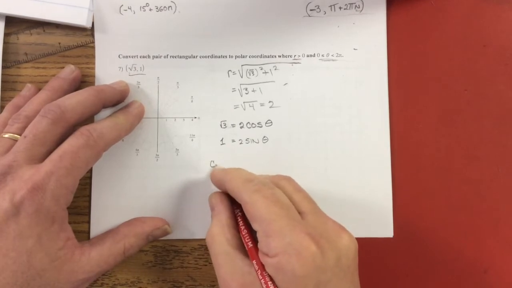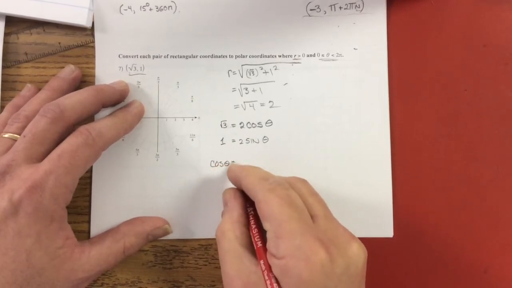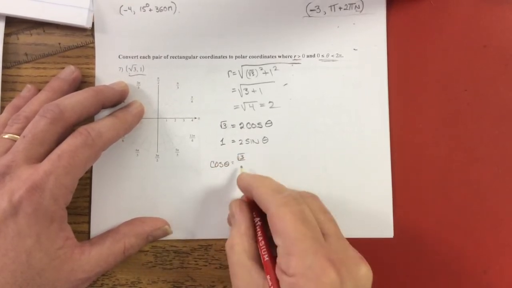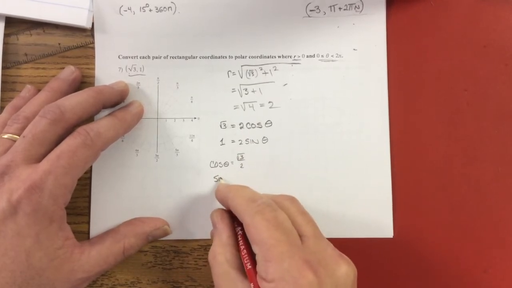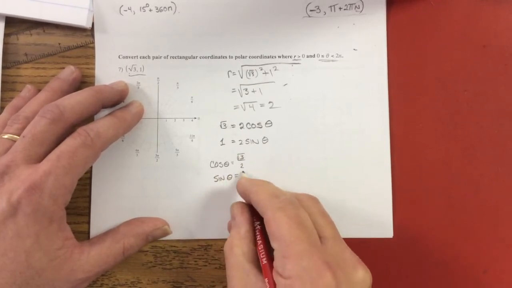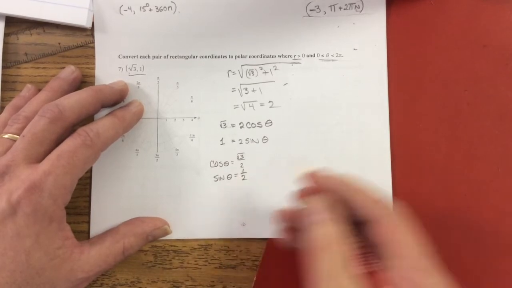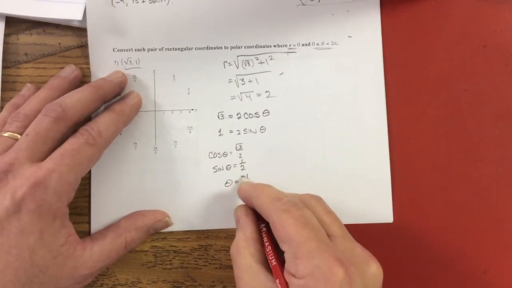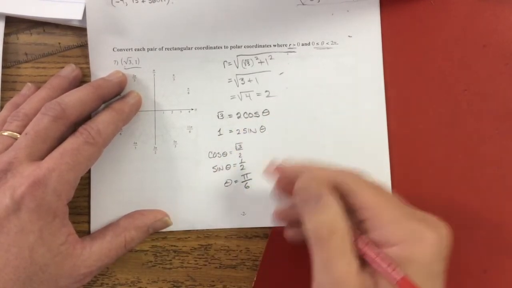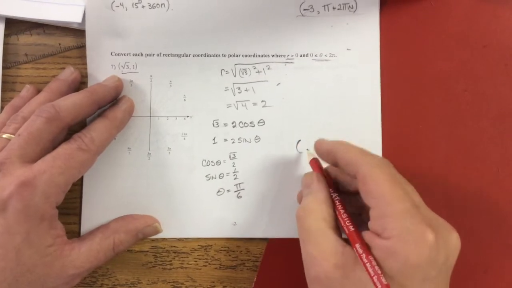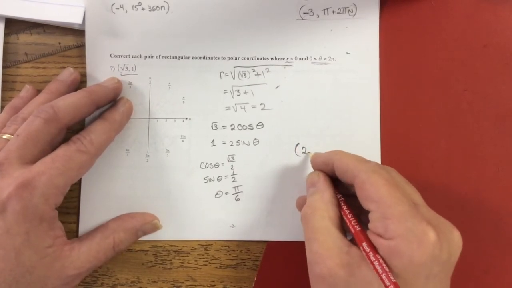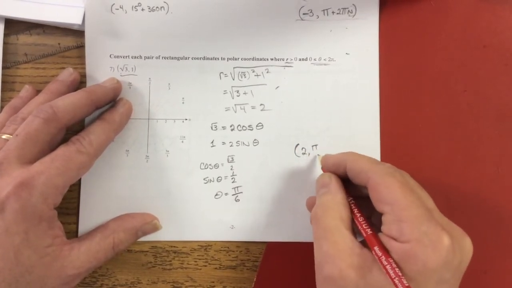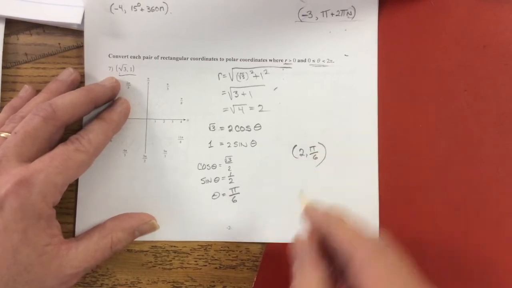So that means the cosine of theta is square root of 3 over 2. The sine of theta is 1 over 2. And that means that theta is equal to pi over 6, which means r is 2, theta is pi over 6, so the polar coordinates here are 2, pi over 6.